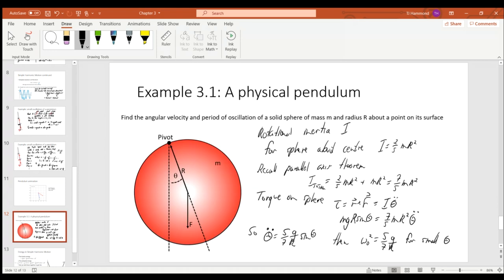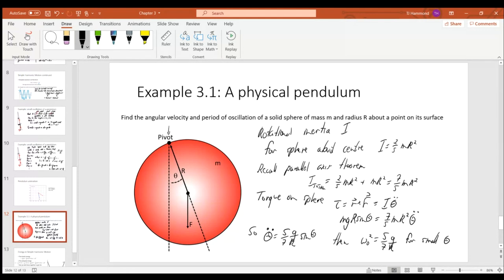Here's another example. We'll deal with a physical pendulum. Instead of just simple harmonic motion, we'll deal with something that has some dimensions to it. The center of this mass is located here, but the pivot is located over here.